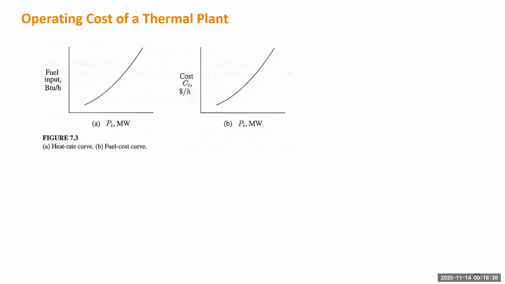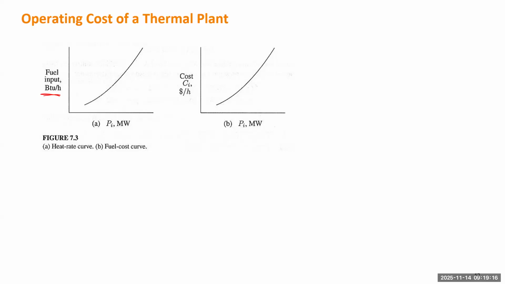For a power system, we need to construct the cost function for a power plant. If we're talking about a thermal power plant, the input will be the fuel. We can treat the fuel as being fed into this power plant at a certain speed, so every hour there will be some BTU. BTU is the British thermal unit, a unit to measure how much fuel we feed into this power plant.